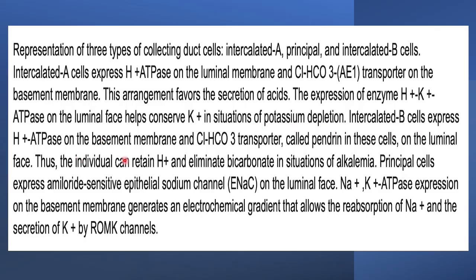Intercalated B is completely for the bicarbonate transporter, the Pendrin channel. And the epithelial sodium channel, which is amiloride sensitive, is present in the principal cells in the presence of aldosterone. It helps sodium reabsorption.